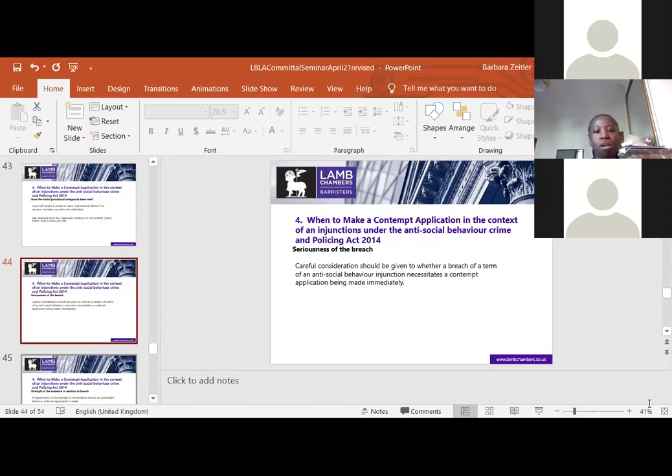It's worthwhile writing a letter to the individual, drawing to their attention the terms of the injunction and setting out that if there are subsequent breaches, there is the real possibility that a contempt application will be made.